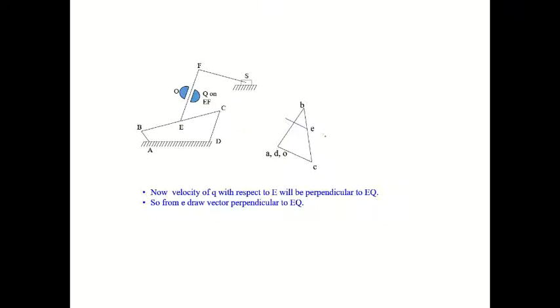At the same time, point Q, as I told in the beginning of the problem itself, is sliding on O. If something is sliding, we have to draw a parallel line. So for point Q, I am drawing a parallel line from O. So here I will get point Q.